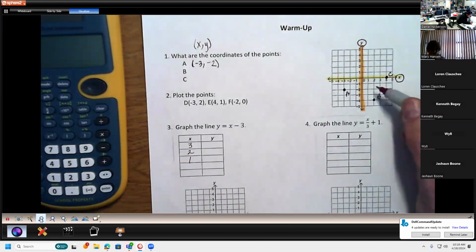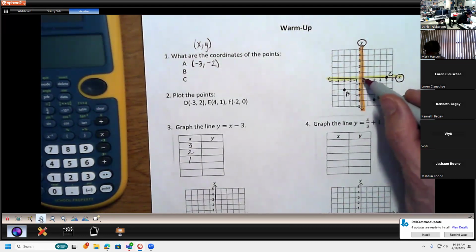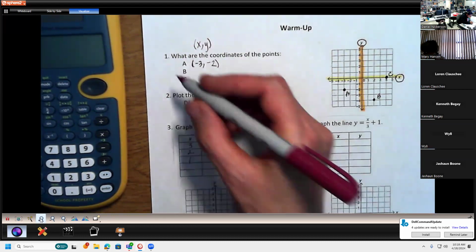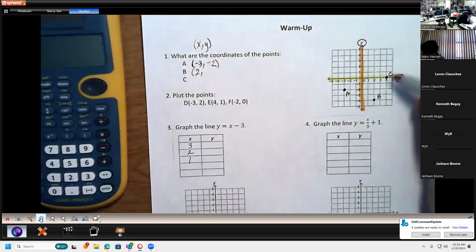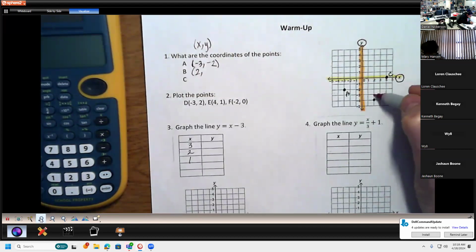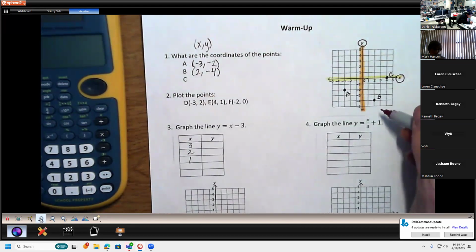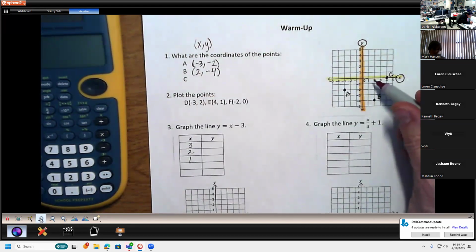Okay, so if I want to get to point B, I start back at the origin and I have to go 1, 2, well, just 2 units to the right, which is positive. And I have to go down 1, 2, 3, 4 units to get to B. And so the coordinates of B are +2 to the right, down 4.